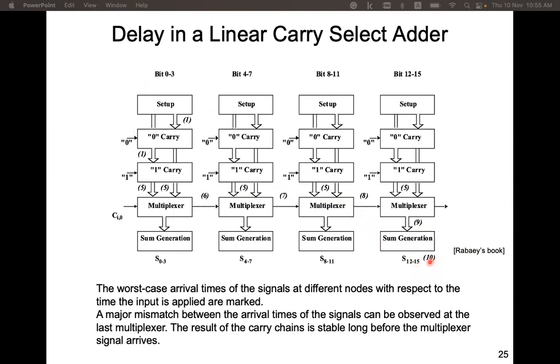The longest delay is 10. But now when you look at the last multiplexer's input, its carry in is available at time 8. But this carry out result for the last stage, waiting for selection, is available at time 5, earlier than the multiplexer selection input by 3 time units.